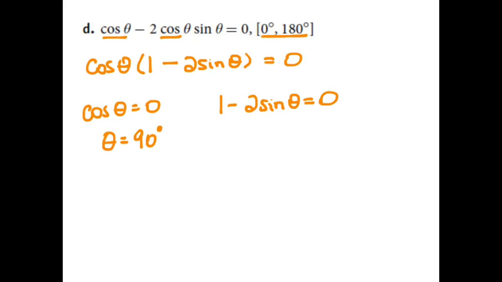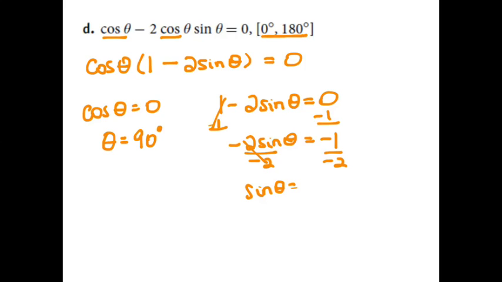Now this other example, we need to solve for sine theta, so I'm going to subtract 1 from both sides. Negative 2 sine theta equals negative 1. Divide by negative 2. And sine theta is equal to positive 1/2, because a negative divided by a negative would be positive.